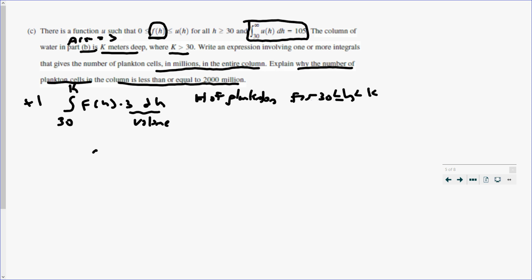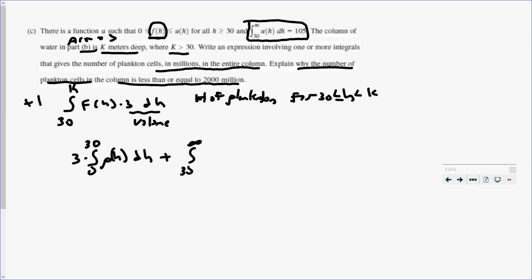We would need the number of plankton from 0 to 30, which we said was this P of H dH. Now, I forgot to multiply by the 3, so I'll put the 3 on the outside, plus all the remaining plankton, which is from 30 to K, or from 30 to infinity.